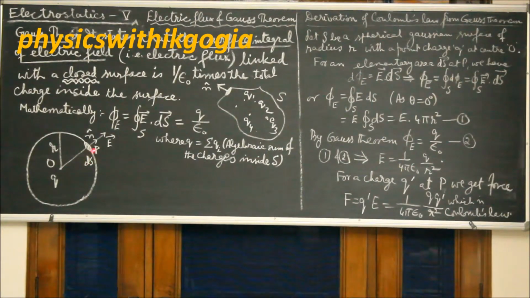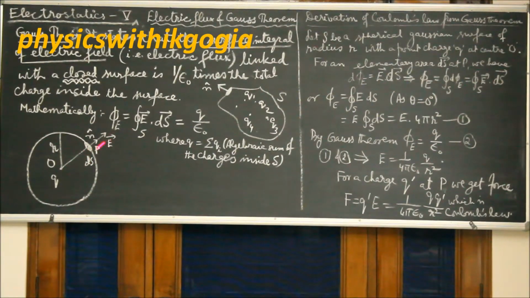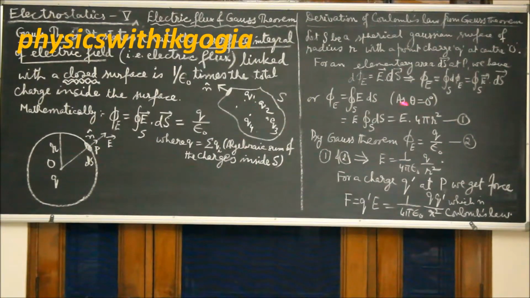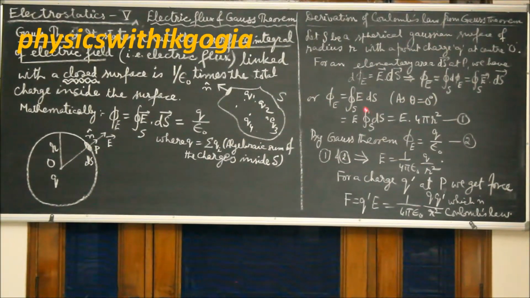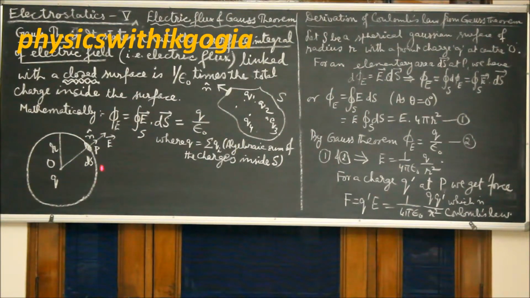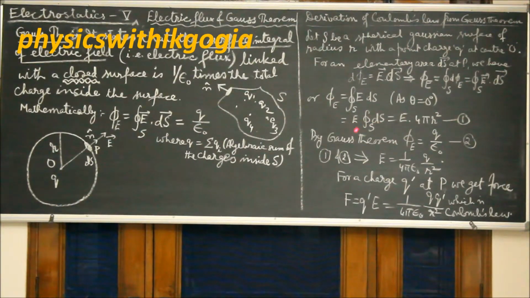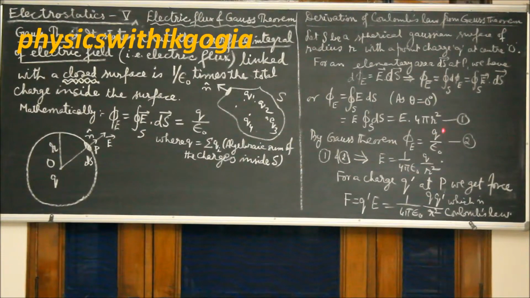Since the magnitude of the field, because of spherical symmetry, remains constant at every point, this E can be taken out of the integral, and you have to just integrate dS, which will give you the area of the sphere, that is 4 pi r square.